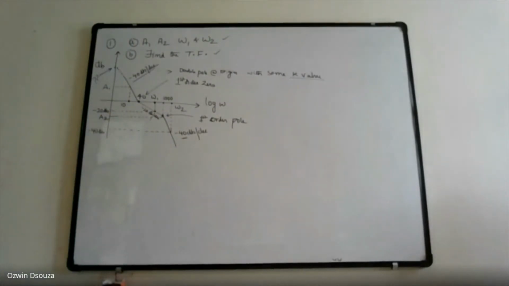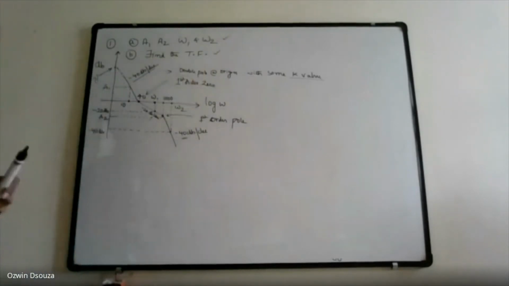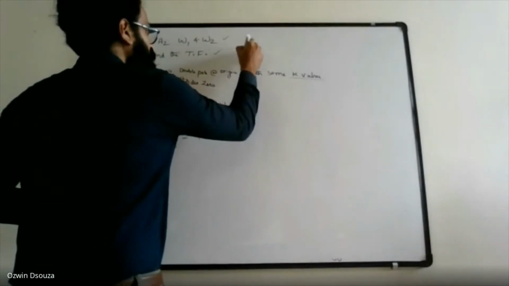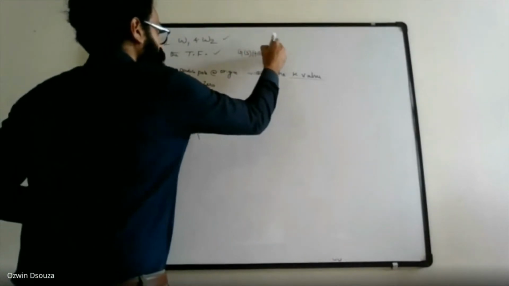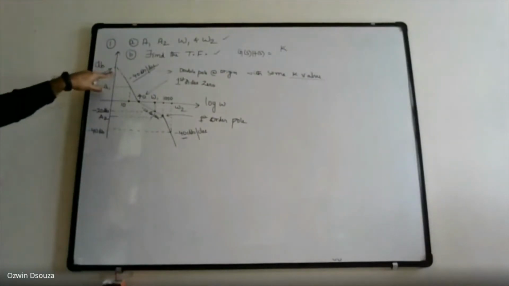So this is how we identify the factors of the transfer function. Basically, this particular transfer function G(s)H(s) will have some K value, and that K value is determined by this particular intercept. And what do we have?